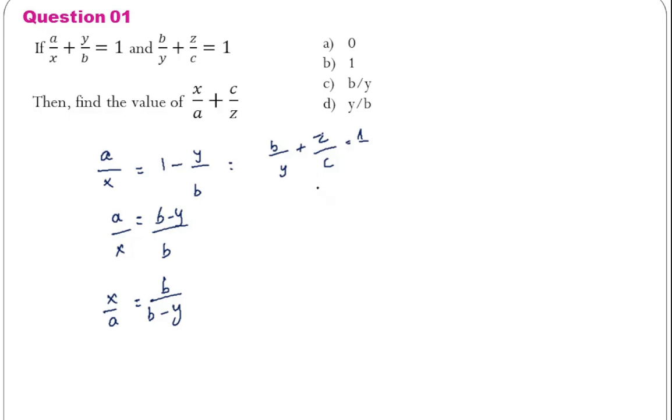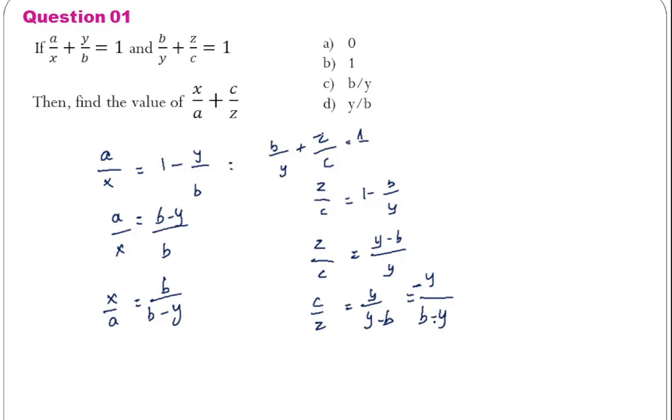So z by c equal to 1 minus b by y. Here z by c is equal to y minus b by y. Then c by z is equal to y by y minus b. How can we write y minus b as b minus y? We can take the minus common and we get b minus y in the denominator.